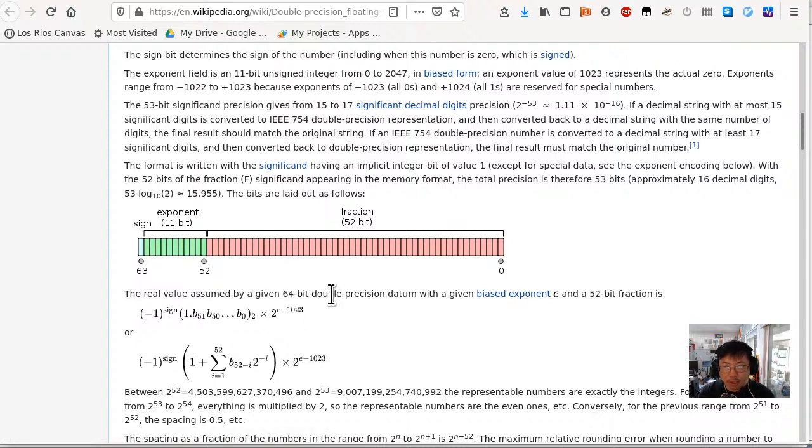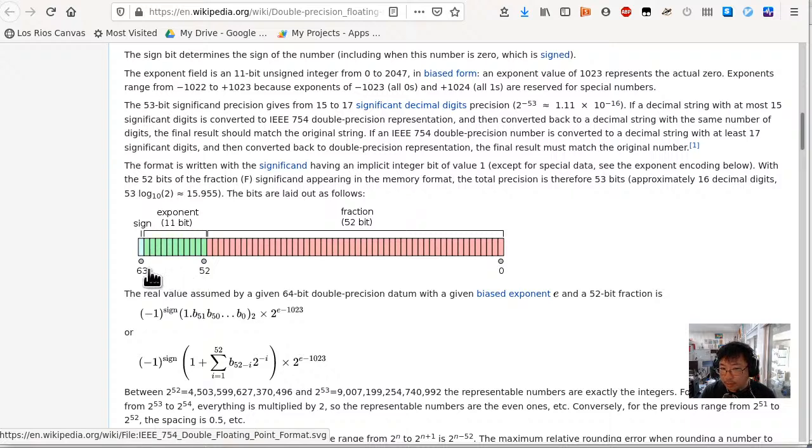What you see here from 0 all the way to 63 are the bit numbers. So we have bit 0 of the entire 64 bits, up to bit 63, which is the most significant bit.